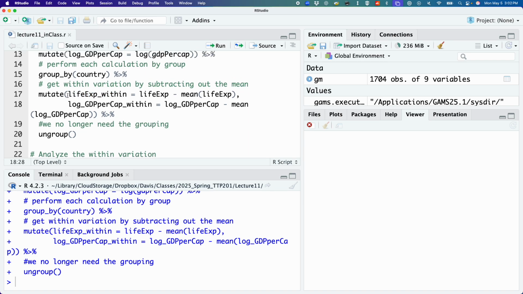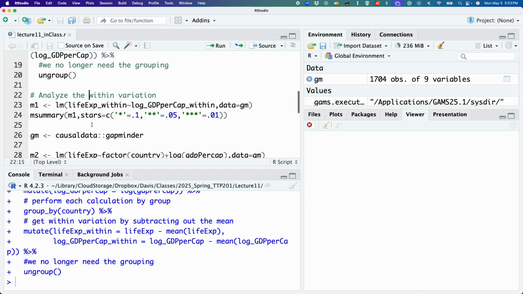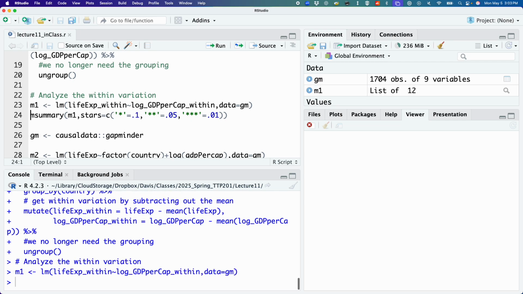So you can see in this particular line of code, it is doing the demeaning thing. And so it is taking my observation minus the average of that within each group. And I'll let you guys kind of look at that code and figure it out. But the idea is, yeah, it's measuring that.